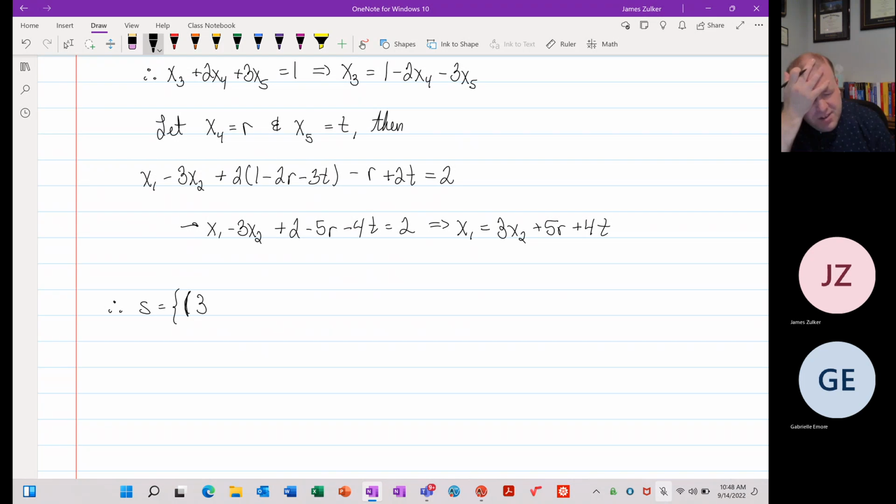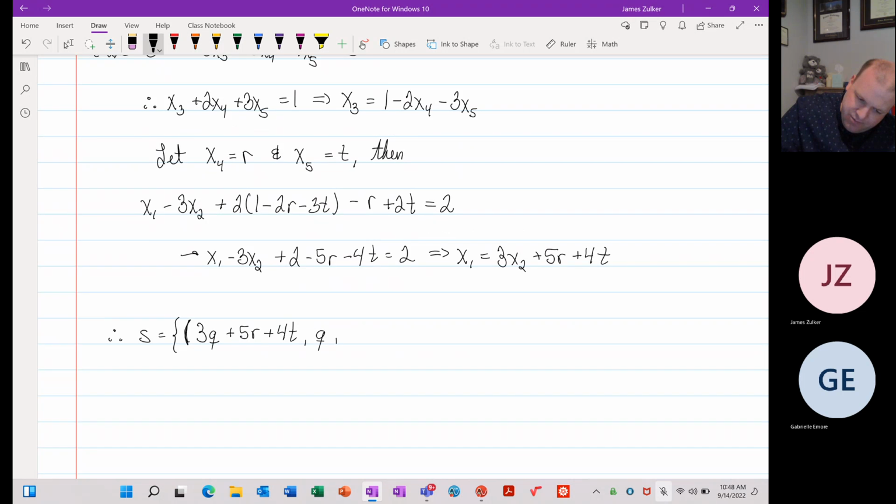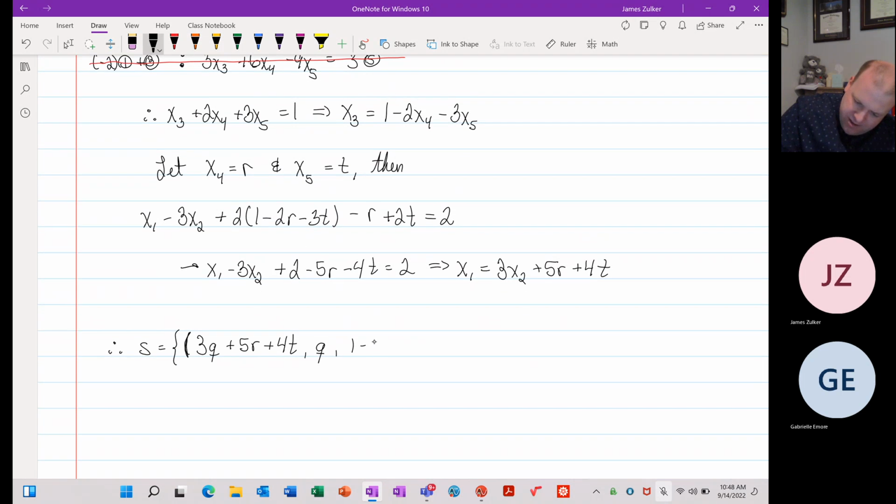What variable do I want to use for x2? Q. Let's use Q. 3q plus 5r plus 4t. We already said x2 is q. We said x3 was 1 minus 2r minus 3t. x4 is r and x5 is t. Such that q, r, and t are all real numbers.